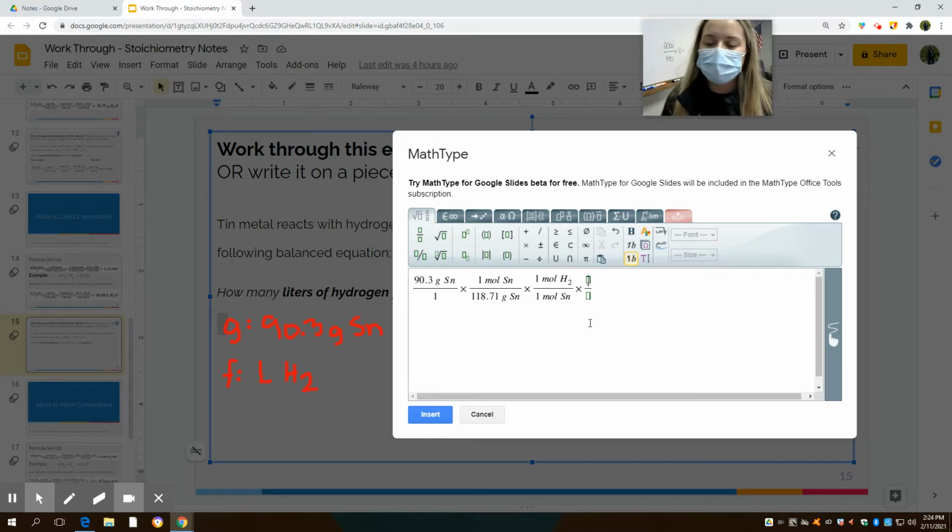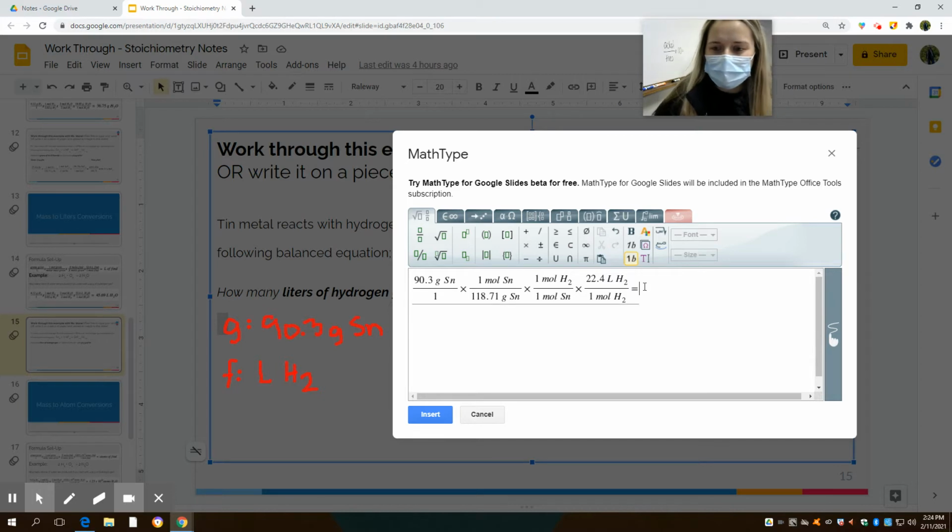STP, 22.4 liters for every 1 mole. Okay, since I'm trying to find liters of H2, that will go on the top. And we're going to have 1 mole of H2 on the bottom. Again, when we have liters with moles, it's 22.4.